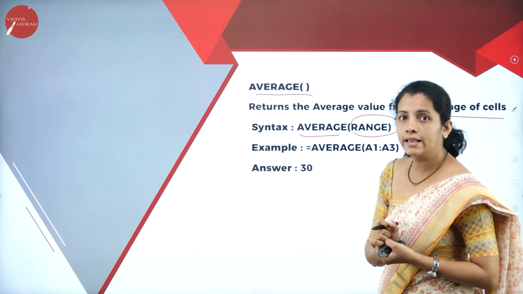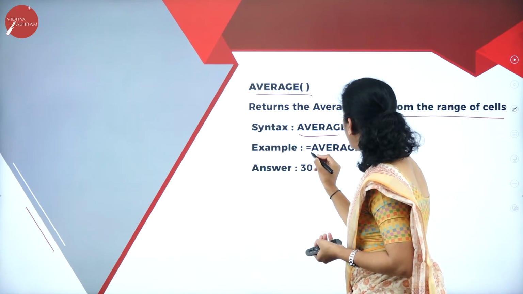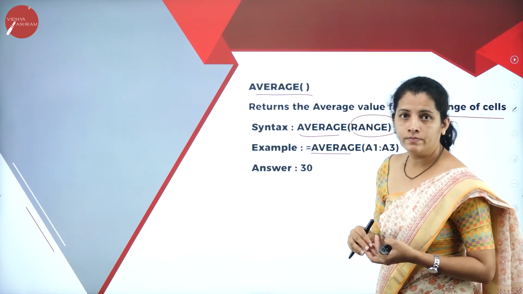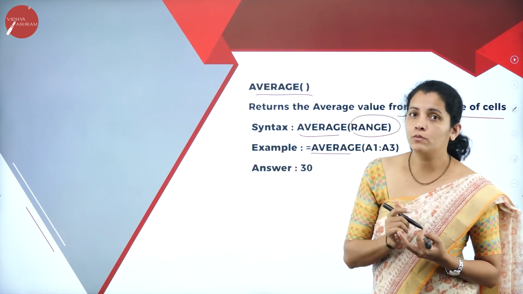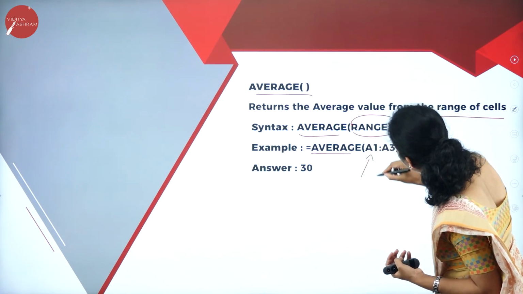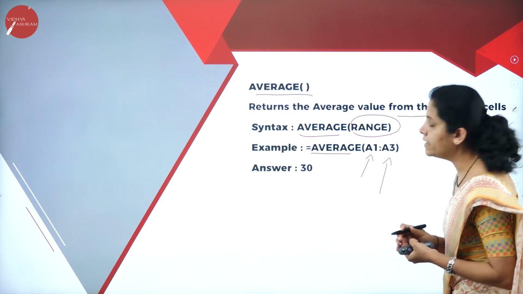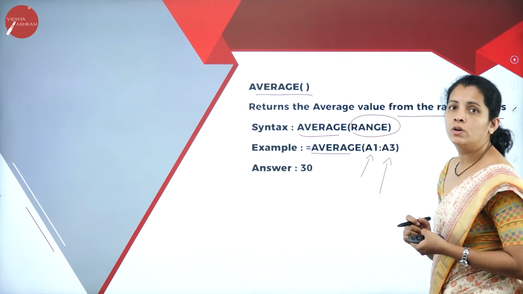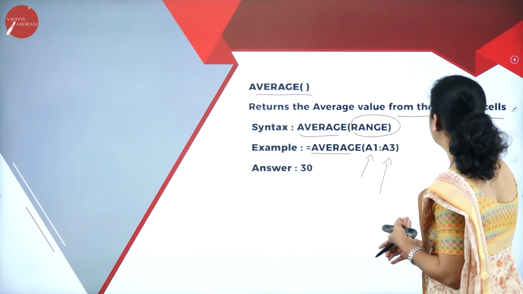Now consider the example that I'm going to have the average function, and what is the input I'm going to specify? That is the range. So this is my starting range and this is my ending range. Now I'm going to consider certain values.